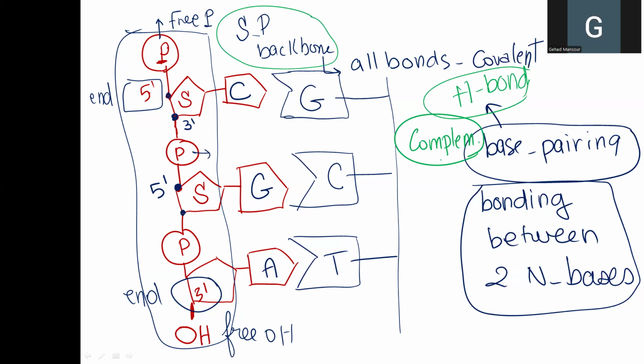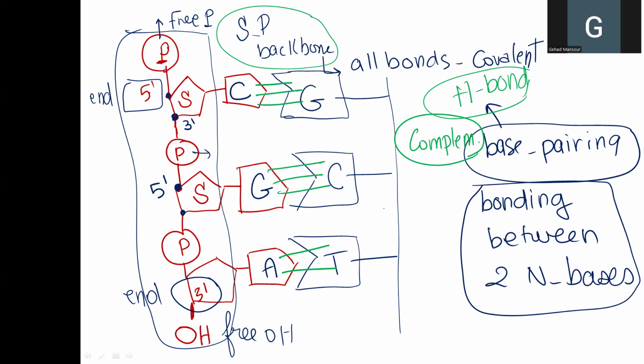They can just bind with each other. They cannot bind with any other bases. So cytosine can only bind with guanine via 3 hydrogen bonds, and similarly here on either side, of course. And adenine can bind with thymine via 2 hydrogen bonds. So this is complementary base pairing.